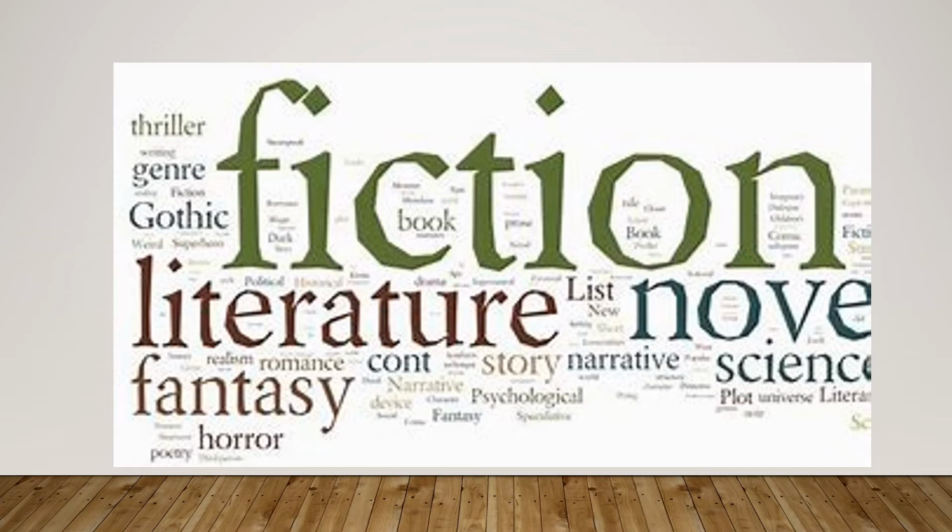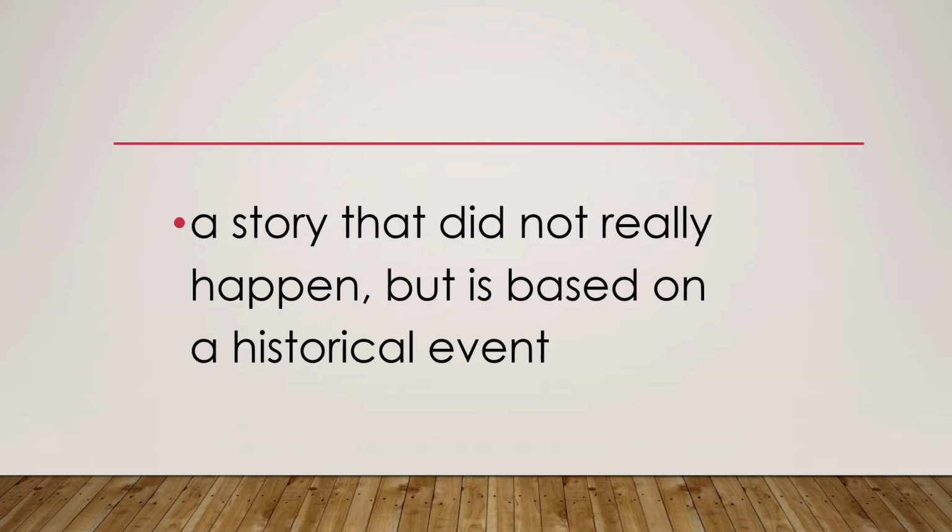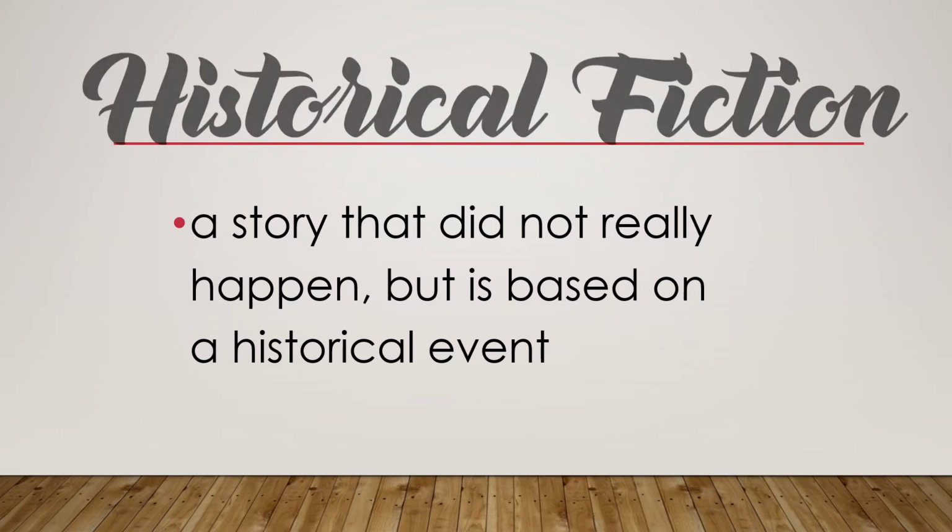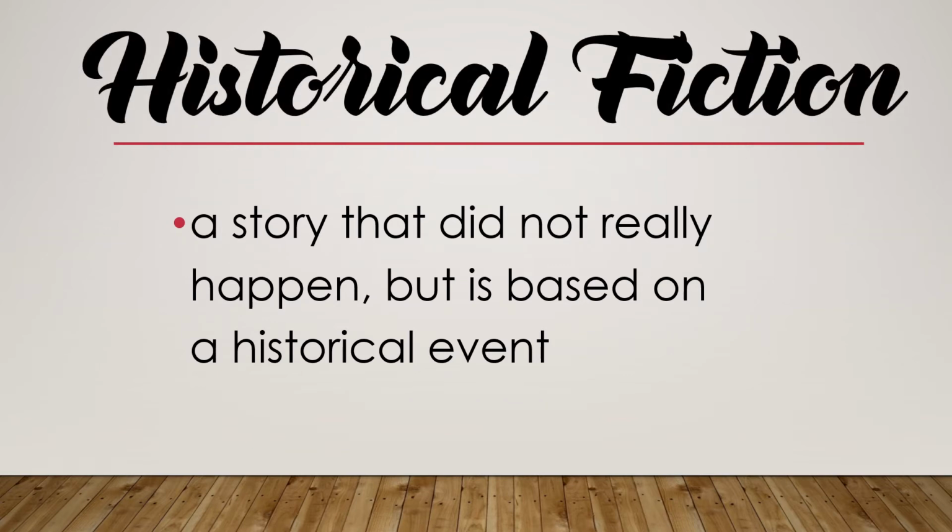After learning the different subgenres of nonfiction, let us try to learn the different subgenres of fiction. First is a story that did not really happen but is based on a historical event. It is called your historical fiction. From the word history, characters or events are based on history.